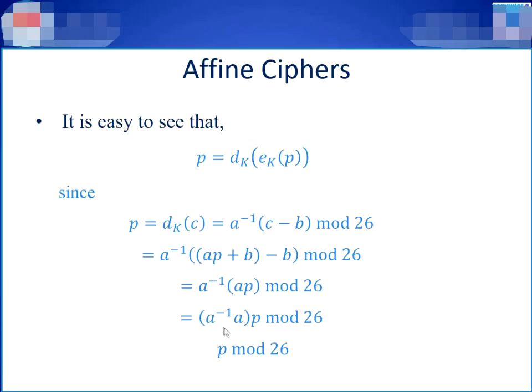When we multiply A to the power minus 1 by A, it yields the multiplicative identity, which is equal to 1. So, since our alphabet consists of 26 letters only, this mod operation will give us P itself. So the decryption is correct since the receiver can decrypt and read the message.